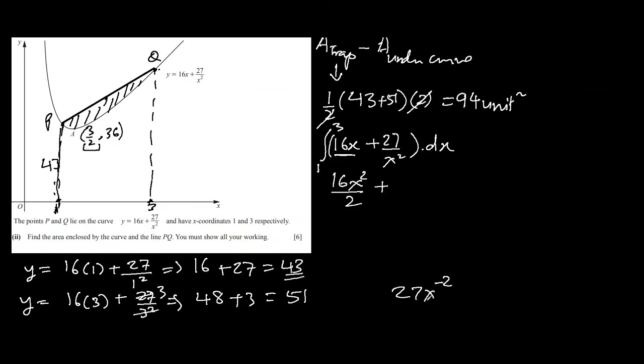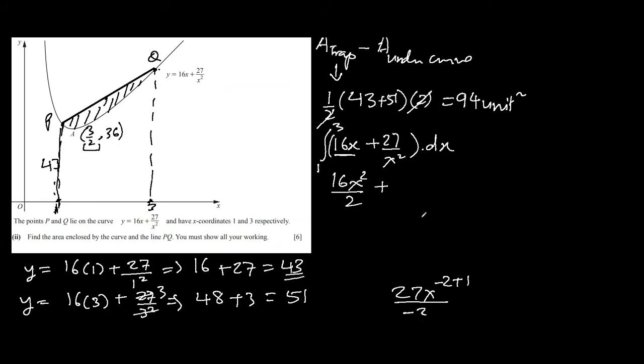That's what 27 over x square can be written as. So to integrate it, this will become plus 1 divided by minus 2 plus 1. So that gives us what? 27x to the power minus 1 divided by minus 1. So that means we can put a minus here. There's no need to write minus 1 at the bottom.